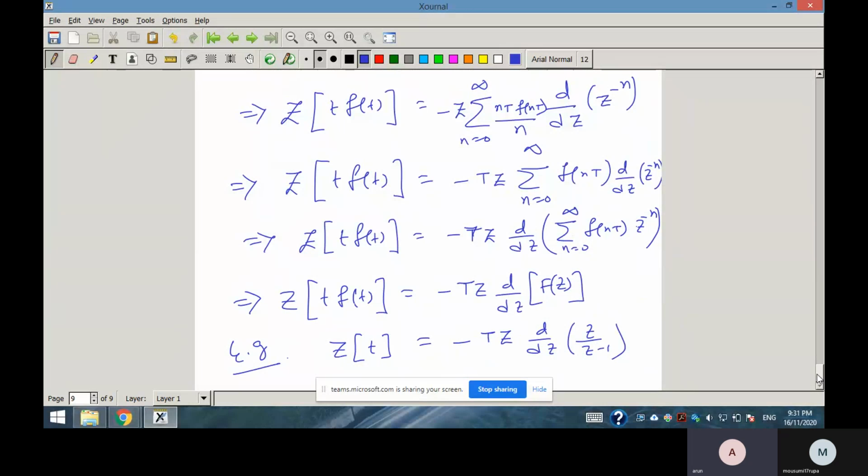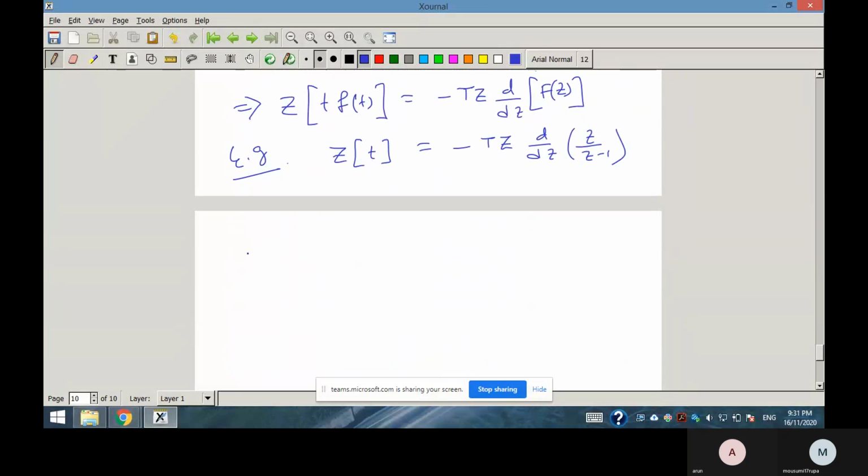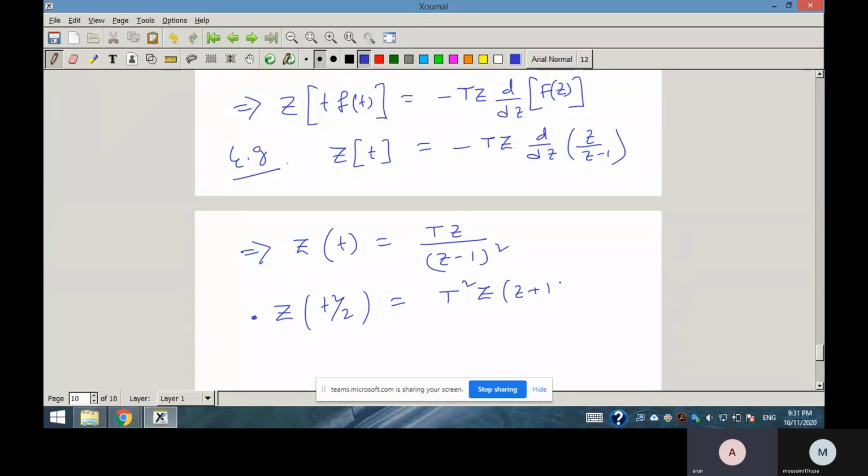So ultimately, the Z transform of t will be equal to tz by z minus 1 square, you can easily verify. Similarly, the z transform of t square by 2, the parabolic signal, will be t square z into z plus 1 divided by 2 into z minus 1 whole cube. So please check it.